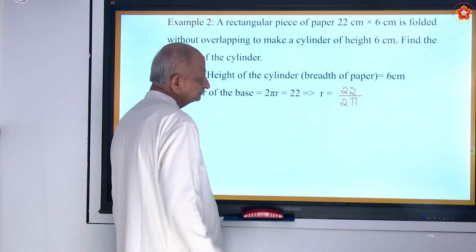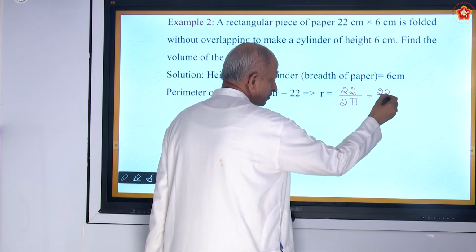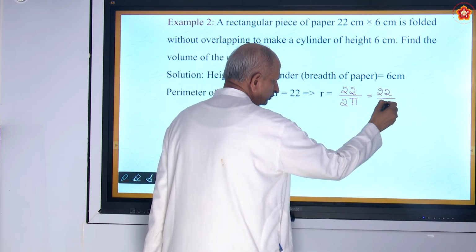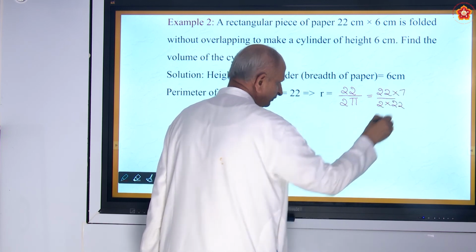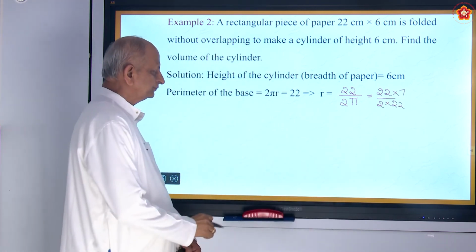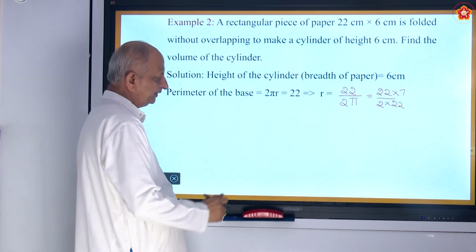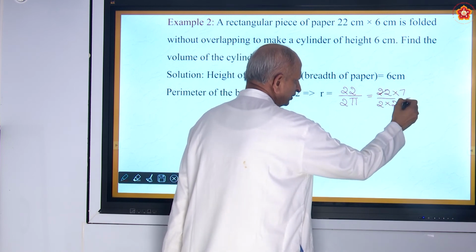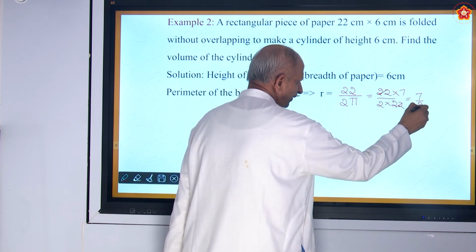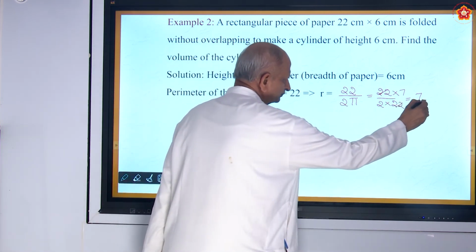Dividing means you have to write the reciprocal of pi. So you get 22 into 7 by 22, so r is 7 by 2 or 3.5 centimeters.